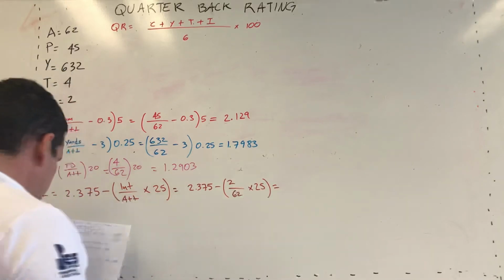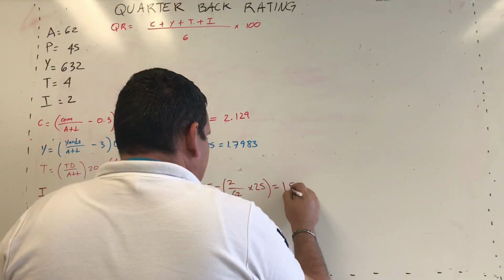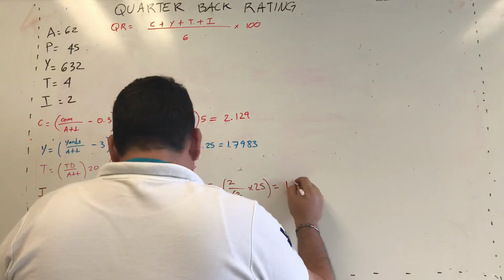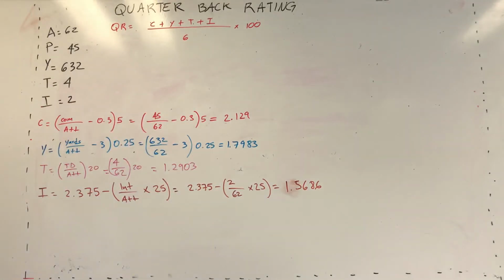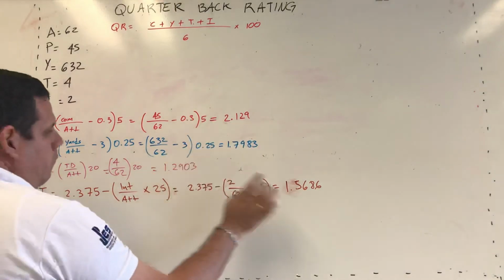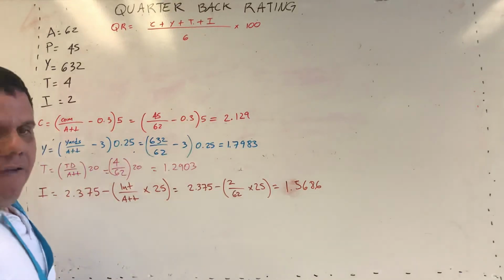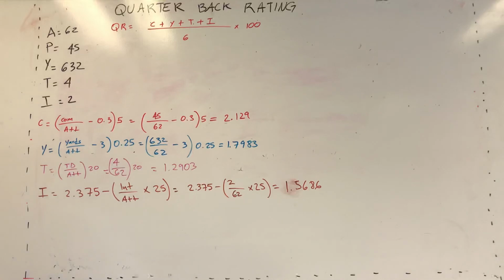And for that, we're going to have 1.5686. So what do you do with these 4 values? Those values go in this equation. Let's do it.